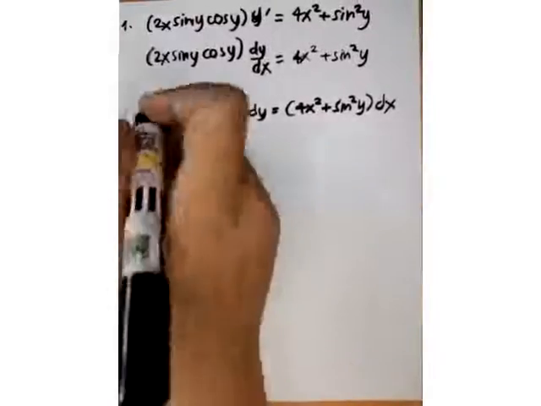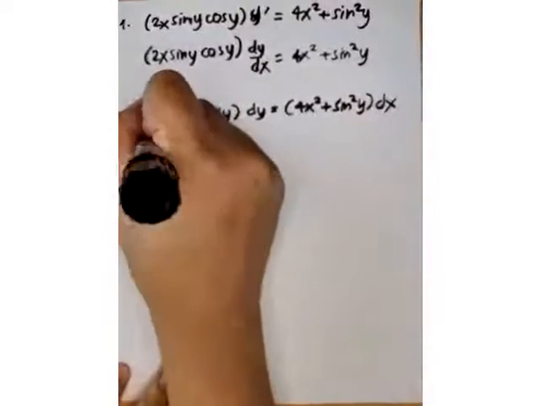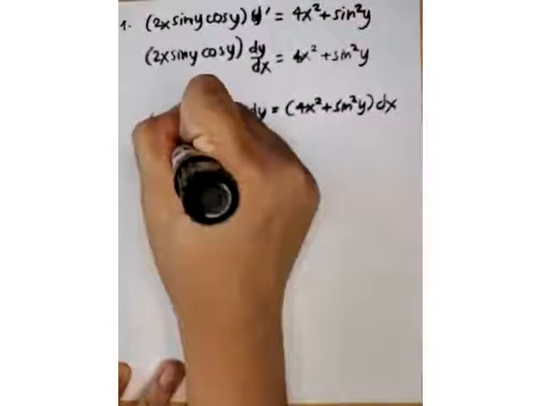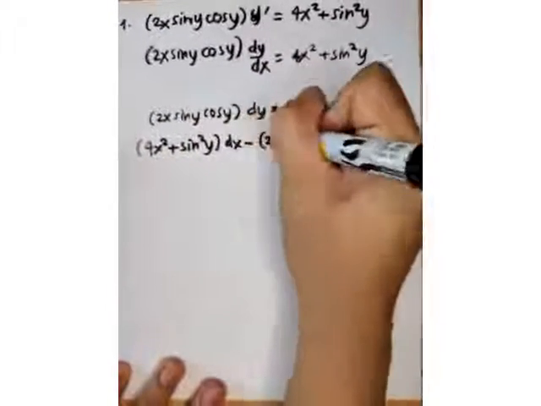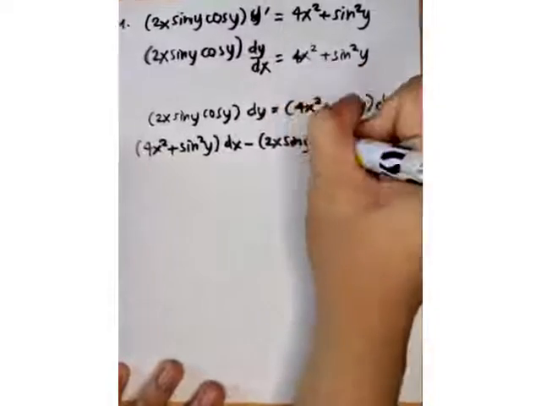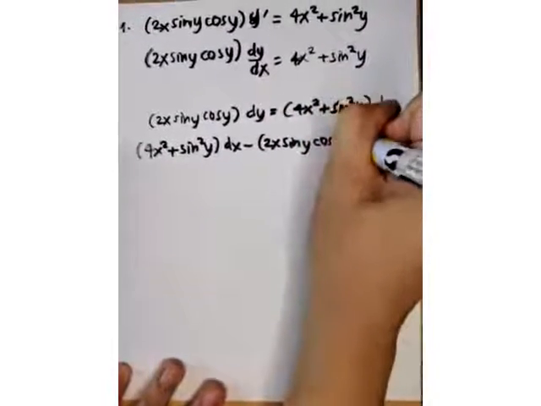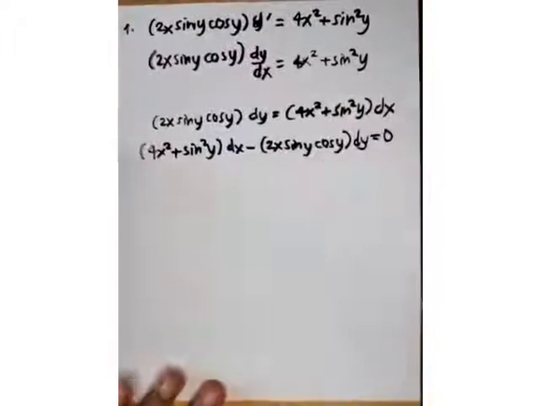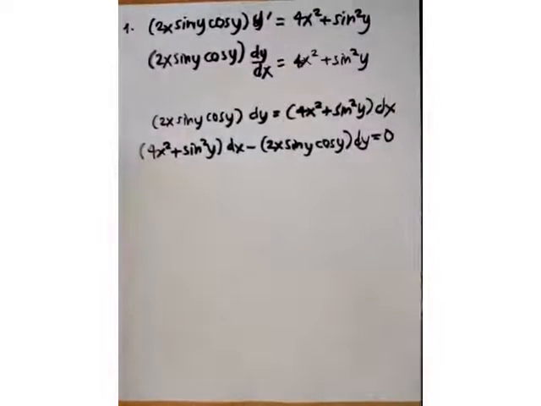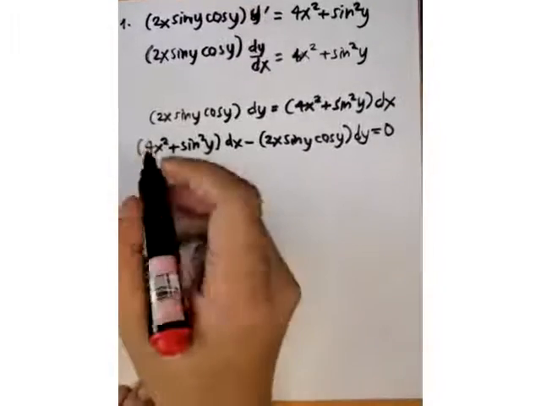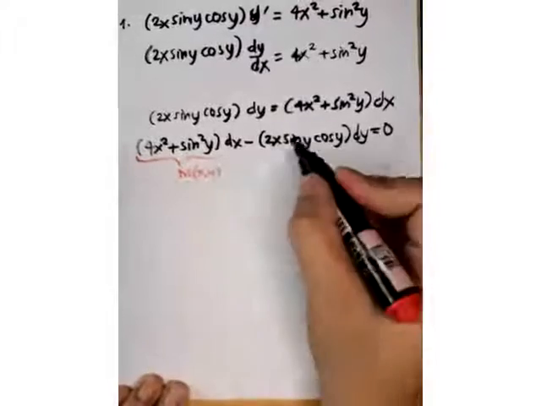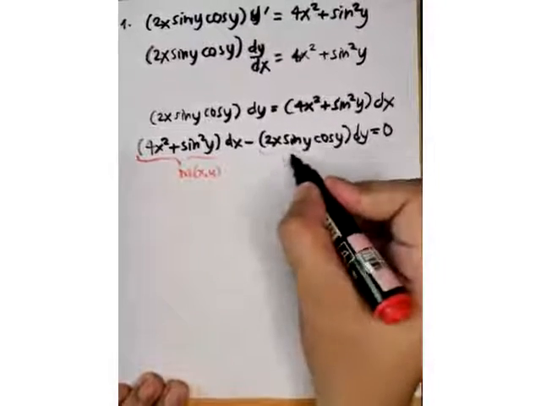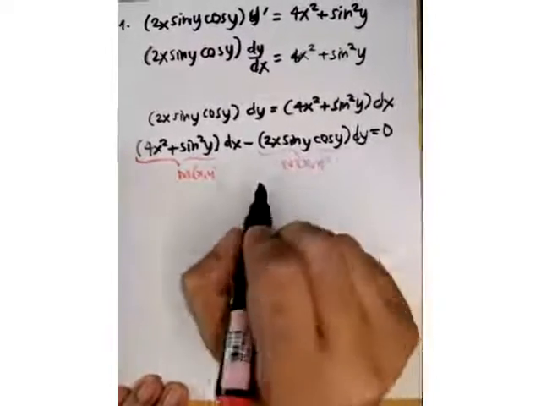So ito ay magiging 4x squared plus sine squared y dx minus 2x sine y cosine y dy is equal to 0. Okay, so that means this will be our M of x, y at ito yung ating N of x, y.